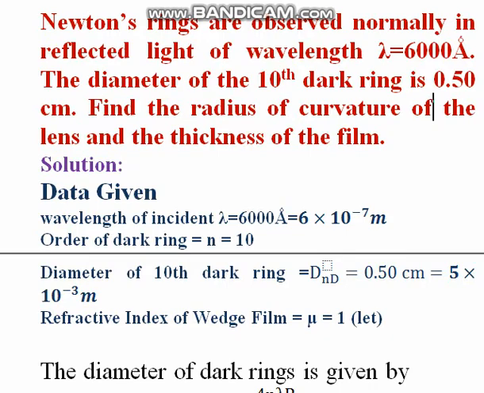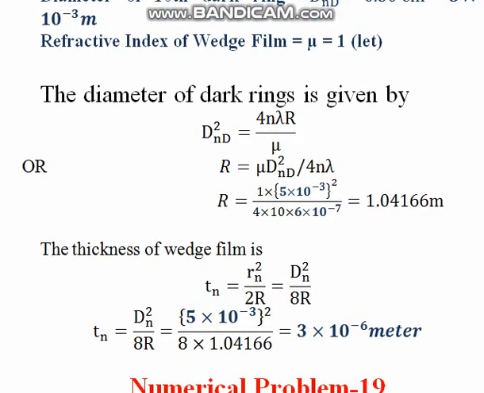Now apply the diameter formula of the dark ring; with it you can determine the radius of curvature. By putting in the values, the radius of curvature of the plano-convex lens comes to be 1.04166 meter.